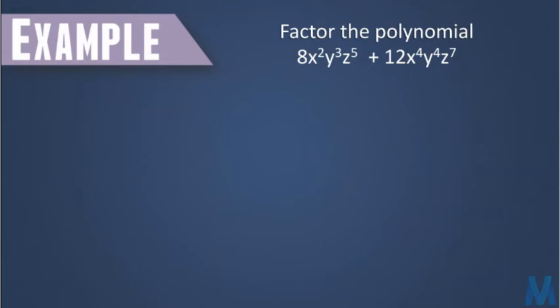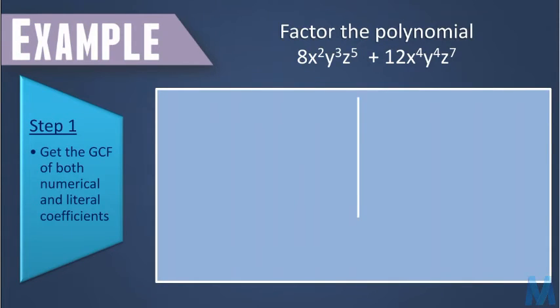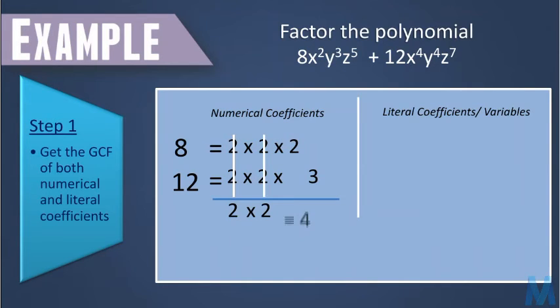Okay, for step 1, the GCF of numerical coefficient is four. And as for the literal coefficients, may tatlo kita ka classes ang variables.